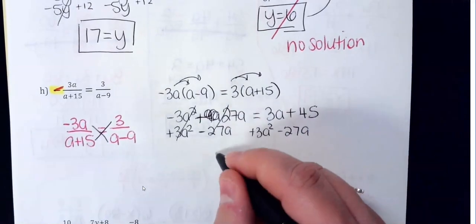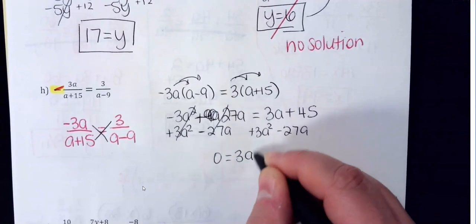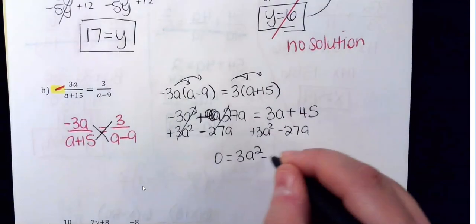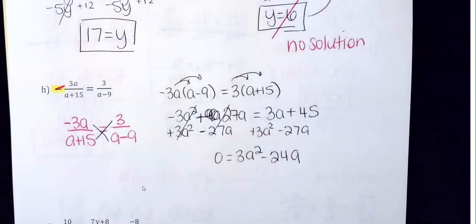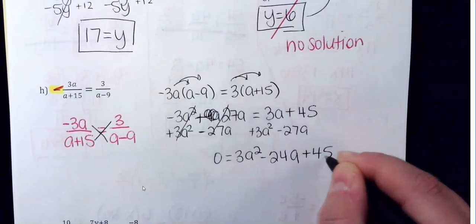So we would just have 0 left on the left side. 3a squared, nothing to combine that with, but it's going to become positive, which will be nice for us. Okay, now with the a's, I had a positive 3a minus 27a, so I'm going to have minus 24a if I combine those like terms. And then I just had a plain 45 and no other plain number.